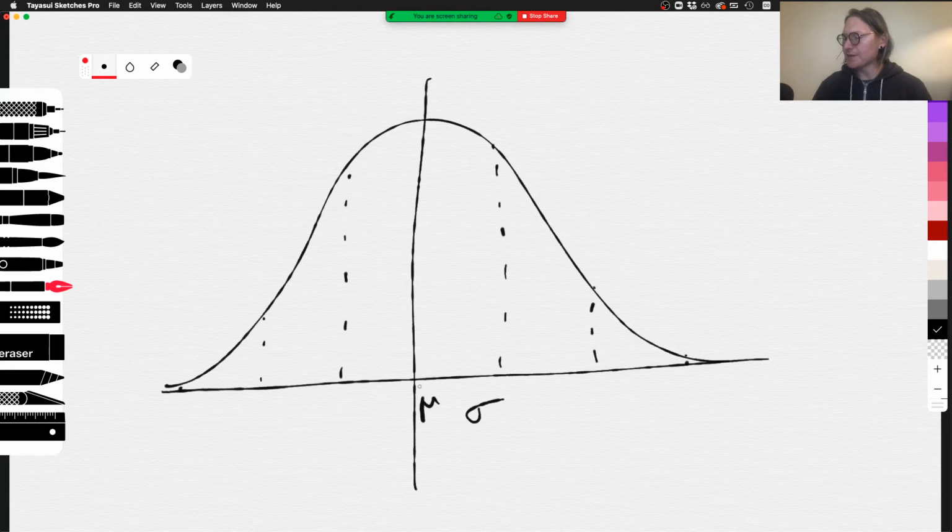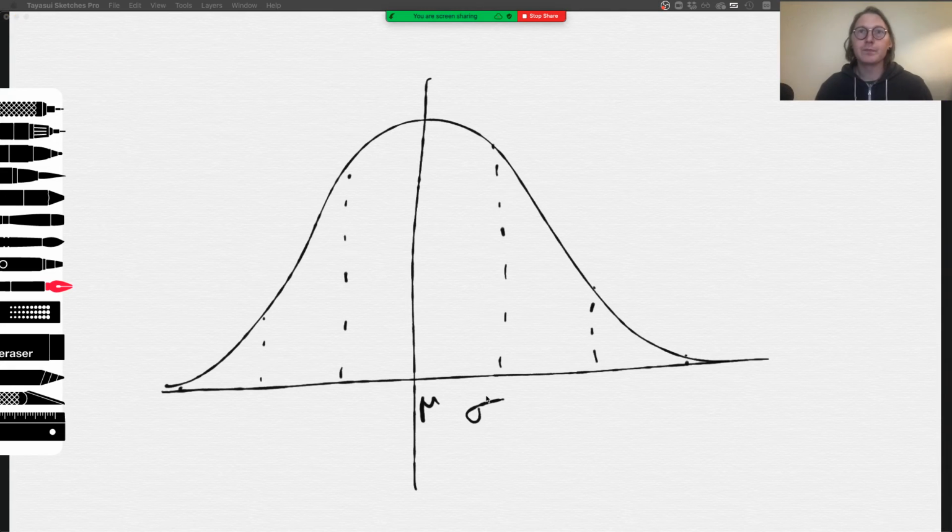We think about this when we define a normal distribution. We assume that the variable is distributed normally, right? We assume that with a mean of mu and a standard deviation of sigma. So this is the shape.